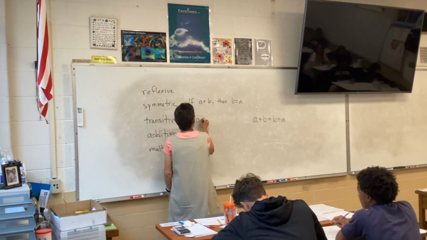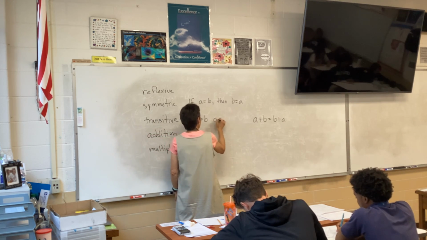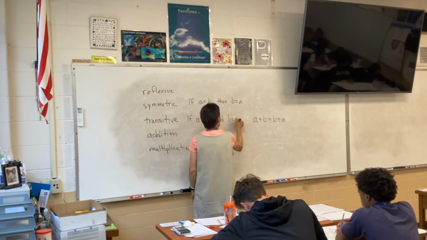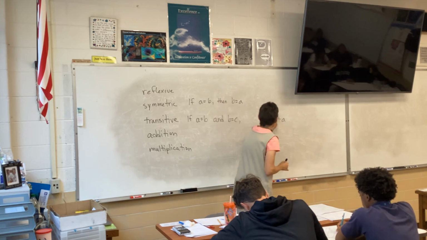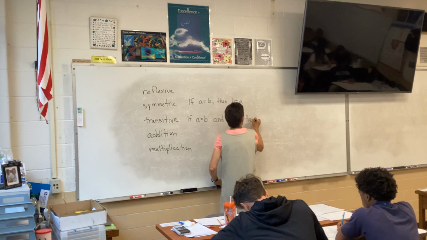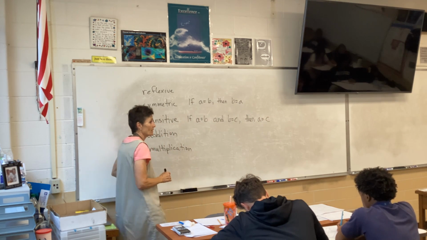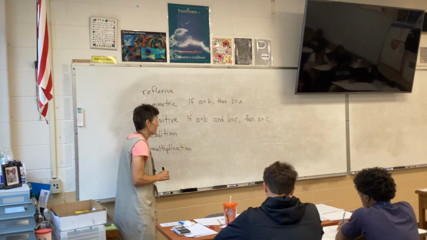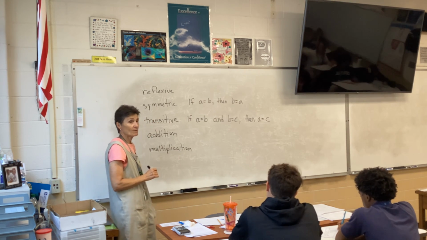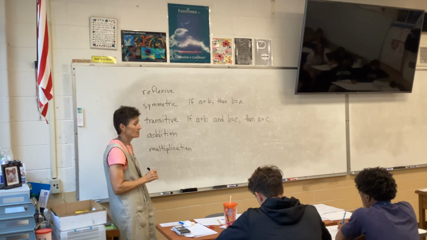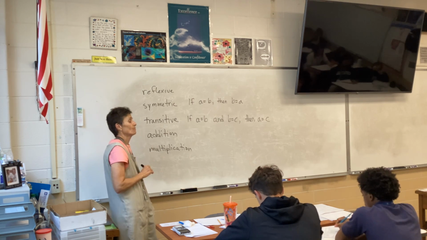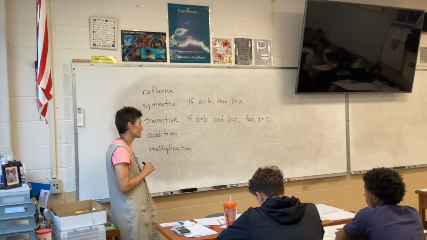So if A equals B and B equals C, then A equals C. Very good. That's exactly right. That is your transitive property. The if and then are important parts of the property, so be sure you're including the words.